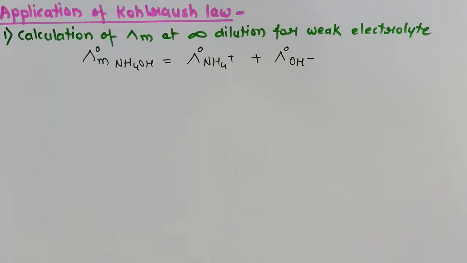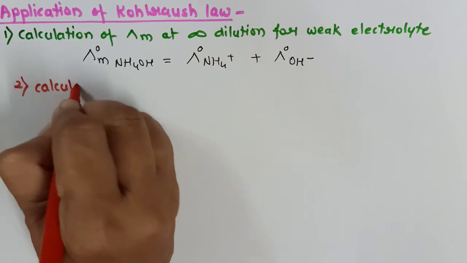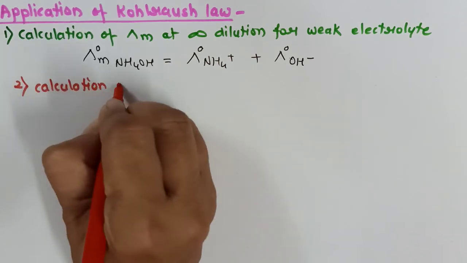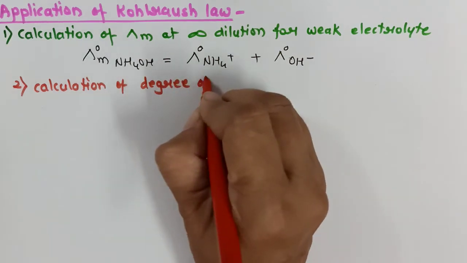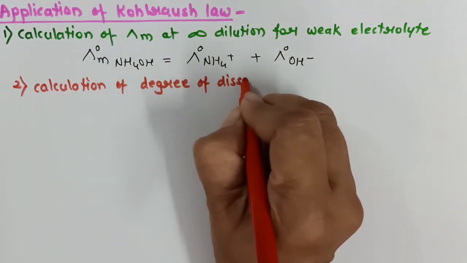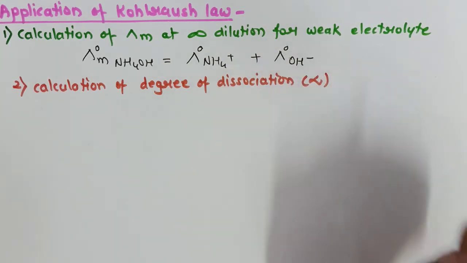So we can calculate the molar conductivities at infinite dilution for weak electrolytes. Secondly, we can also calculate the degree of dissociation. Since it becomes a little bit difficult for weak electrolytes to calculate the degree of dissociation, Kohlrausch law helps us.